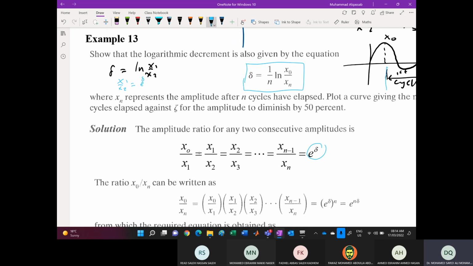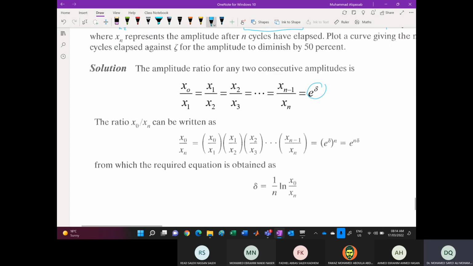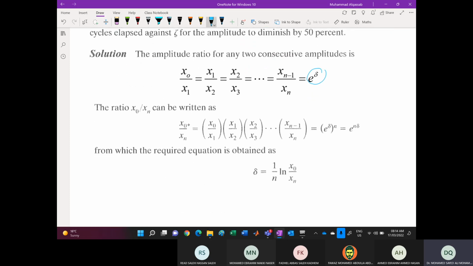We can use the chain rule: x0 over xn equals x0 over x1 multiplied by x1 over x2 up to xn minus 1 over xn, so that x1 and x1 cancel out, x2 and x2 cancel out, xn minus 1 with xn minus 1 cancel out. So you will have only x0 over xn.